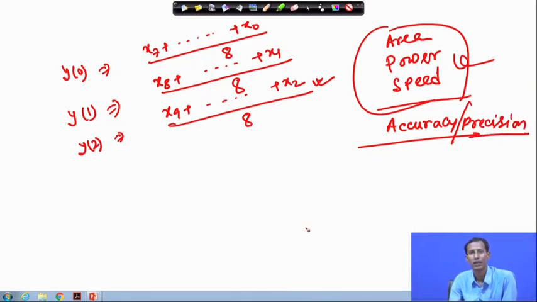What is that? Because whenever we are talking about hardware, we are dealing with a fixed point number system. I think the fixed point and floating point number systems are basics we have already learned in digital electronic circuits.